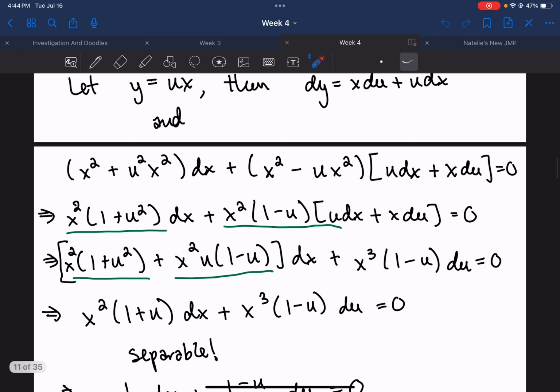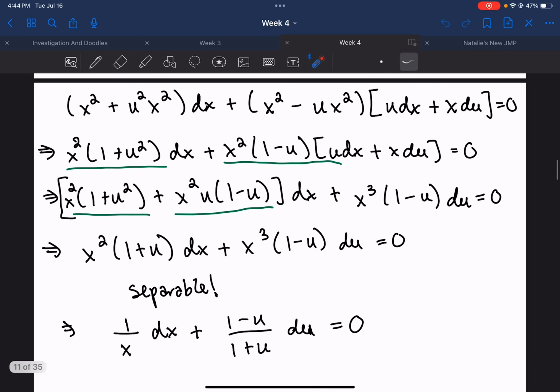So now I'm going to gather up my dx terms, and I'm going to gather up my du terms. My dx terms: there's this term, x squared times 1 plus u squared, and then there's this term, x squared u times 1 minus u, all times dx. And then my du term is x cubed times 1 minus u du.